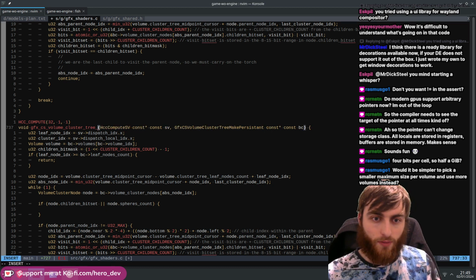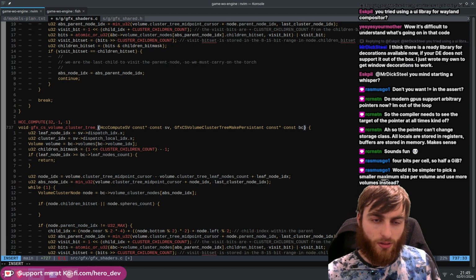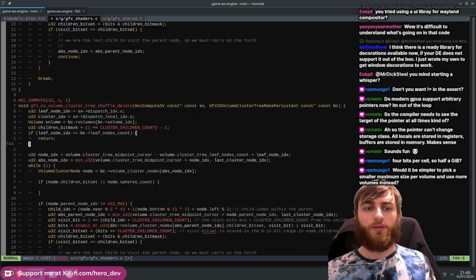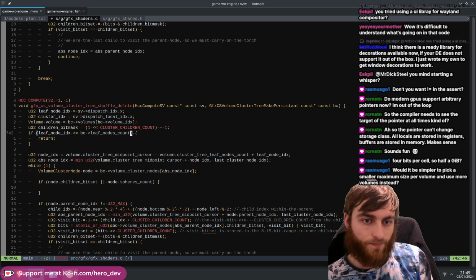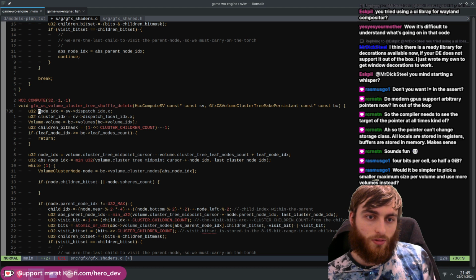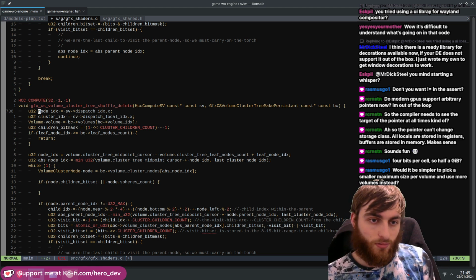So we want a way of shuffling and deleting. Call it shuffle delete. I think the idea could be something like you just get a node, known as a node index. The problem is it's from the leaves, isn't it?